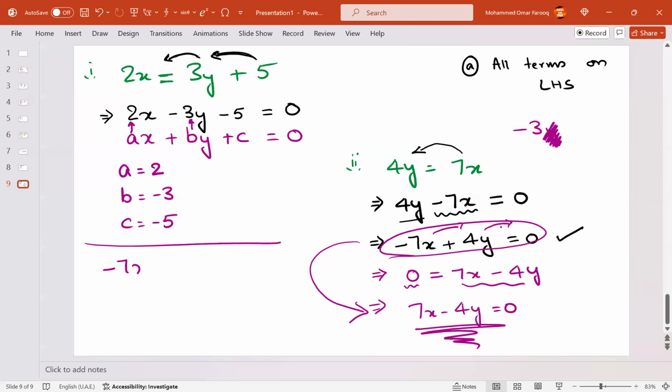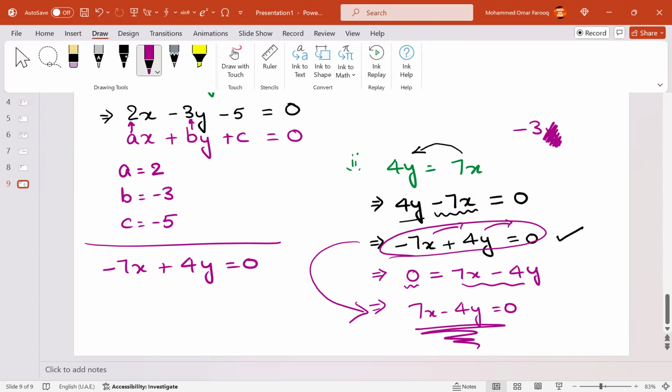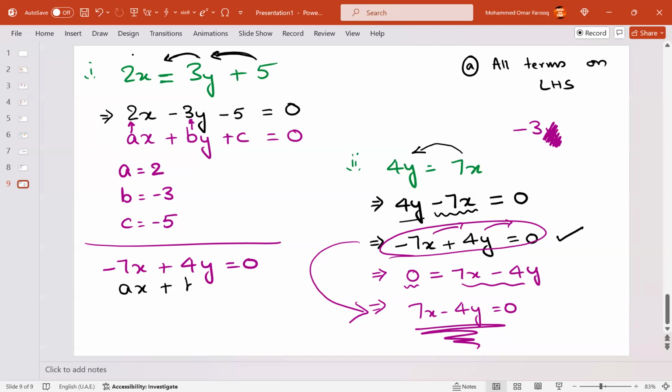Minus 7x plus 4y is equal to 0. When I compare with the standard form, what is the standard form? Ax plus by plus c is equal to 0. Now tell me, what is a, my dear students? Minus 7.